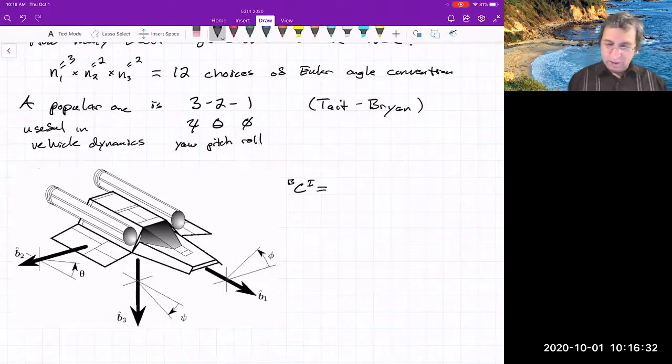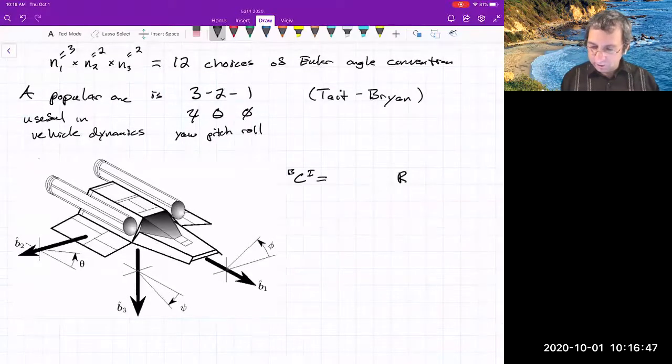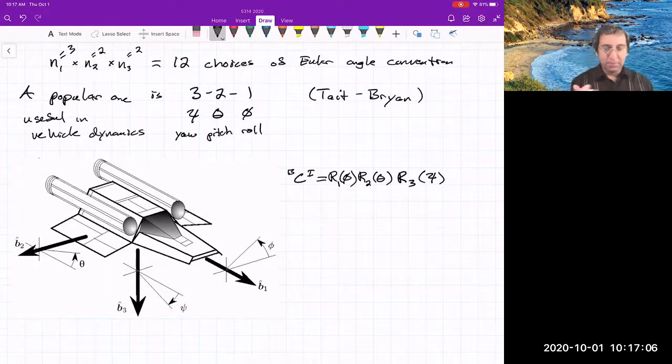So if we were to write the yaw, pitch, and roll matrix, we write it as 3-2-1, but remember the order that we do the matrix multiplication is reversed. So we do R3: first a rotation about the number 3 direction through an angle psi, and then R2, a rotation about the new number 2 direction through an angle theta, and then R1, a rotation about the new number 1 direction through an angle phi.